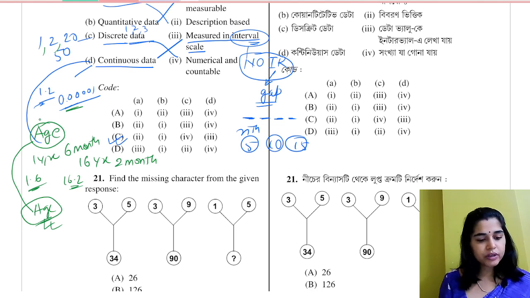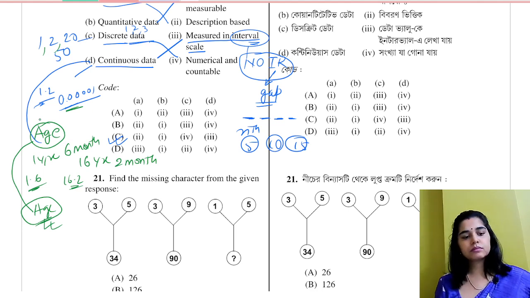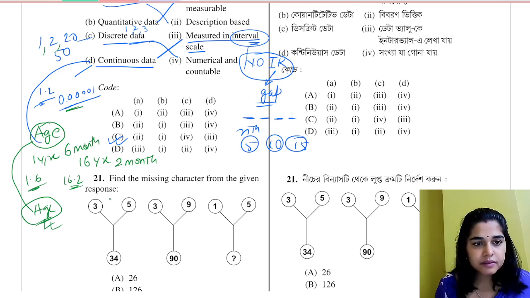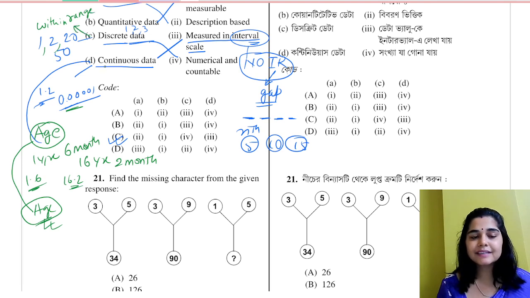I want to show some more features about it. This discrete is within range, but this is not within range. Why not within range?